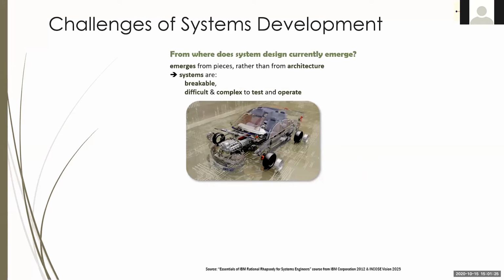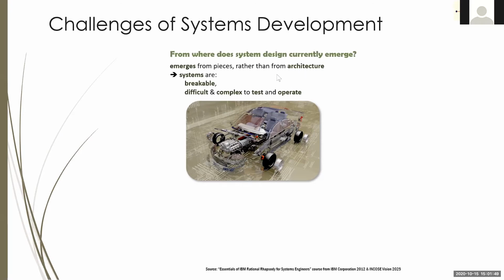Now, first, let's address some of the challenges that we have in system development. Where does the system design emerge from? In theory, we would like it to come from the architecture.